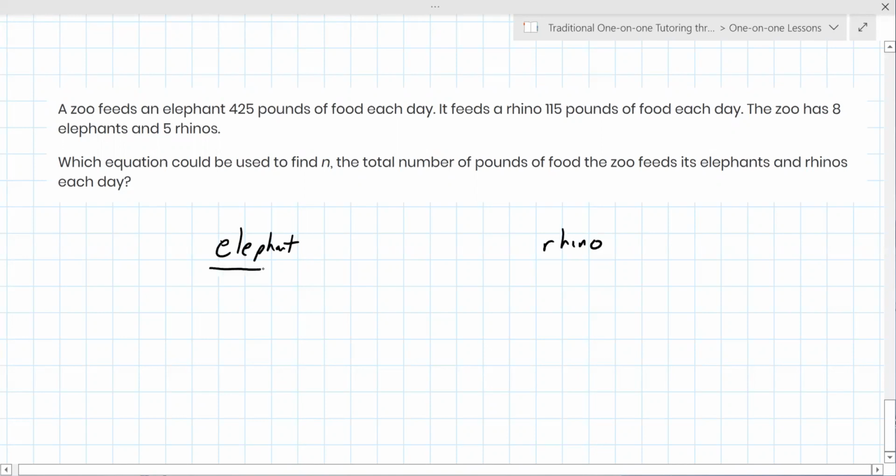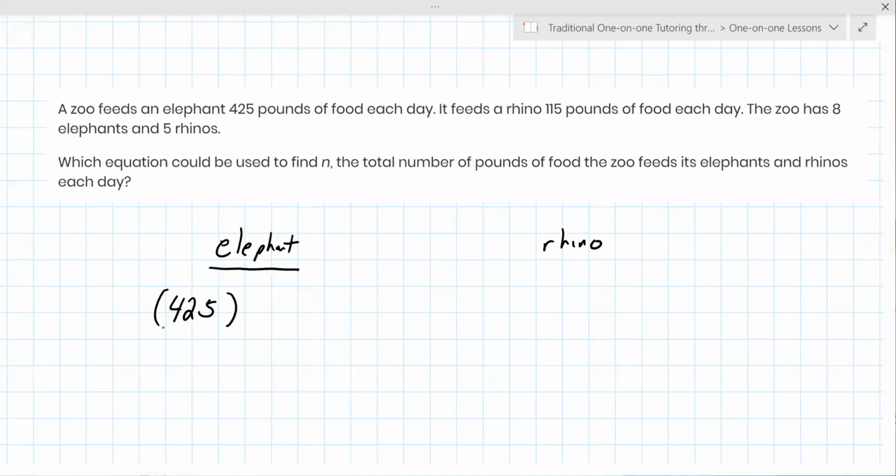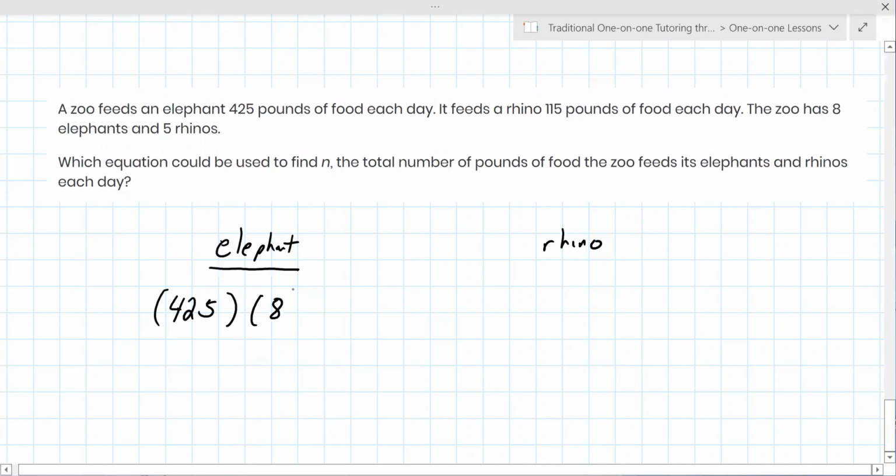So how many pounds of food does an elephant eat each day? 425 pounds. Yes, 425 pounds. And how many elephants are there? 8. Yep. So if we multiply these two numbers together, that gives us the total amount of food the elephants would eat.